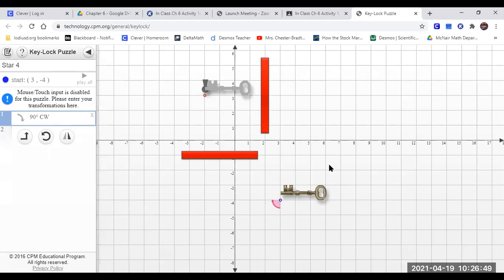It's up to you. Or do we want to slide the key over and up? Okay, so I only had one person respond, so we want to go up 10. Okay, that's the Y.